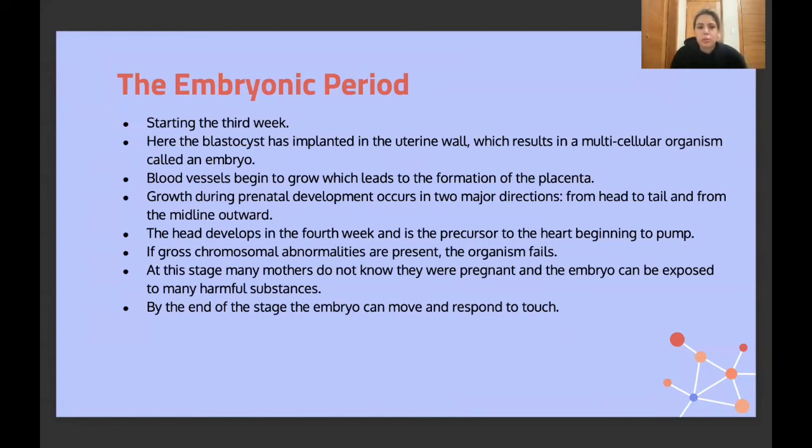If gross chromosomal abnormalities are present, the organism fails at this stage. So at this stage, many mothers do not know they are pregnant, and the embryo can be exposed to many harmful substances such as alcohol and/or drugs. By the end of the stage, the embryo can move and respond to touch.